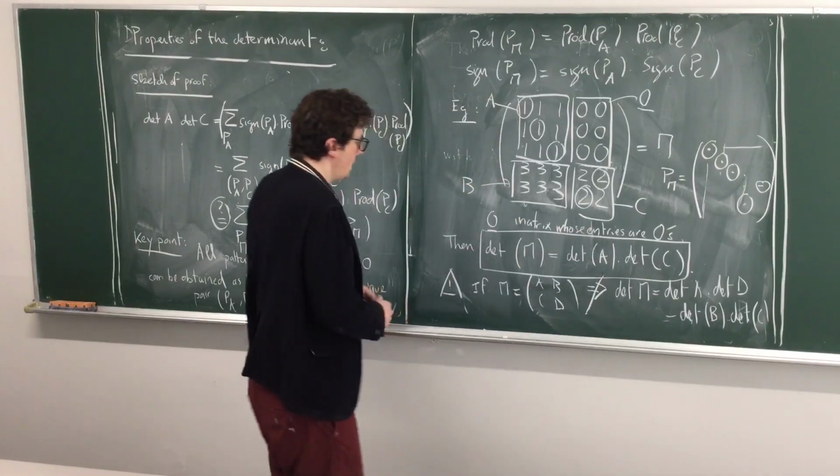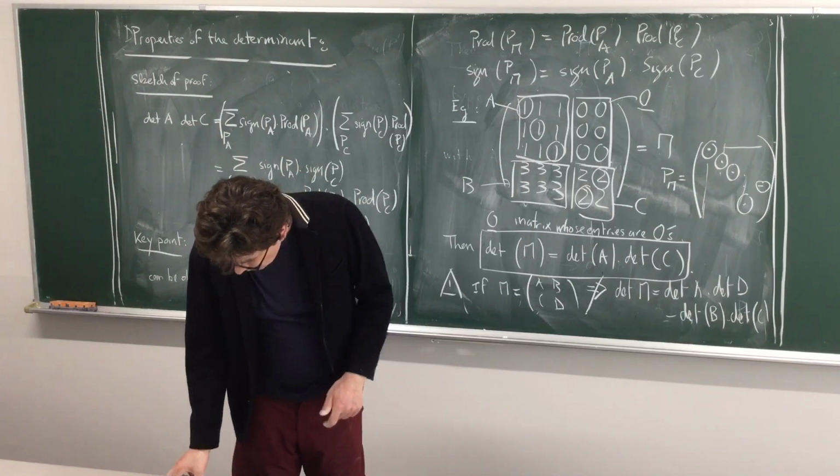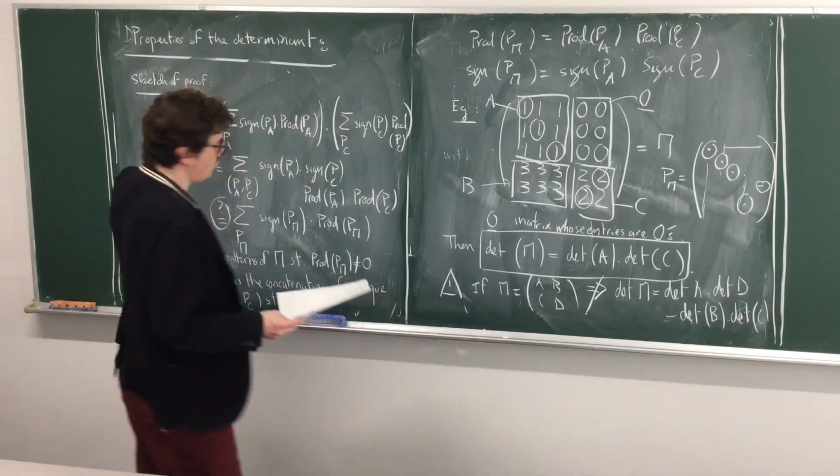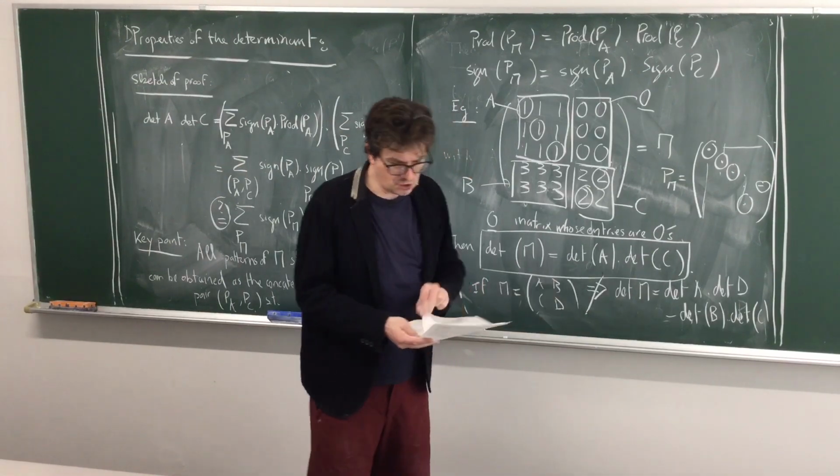Please check it out, and you will see that this works perfectly well. I just want to give you a sketch of proof, an intuition of why this is actually working.